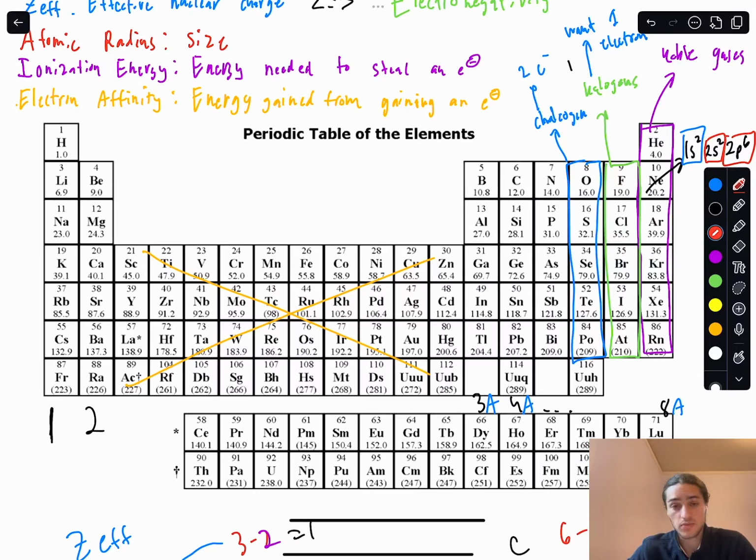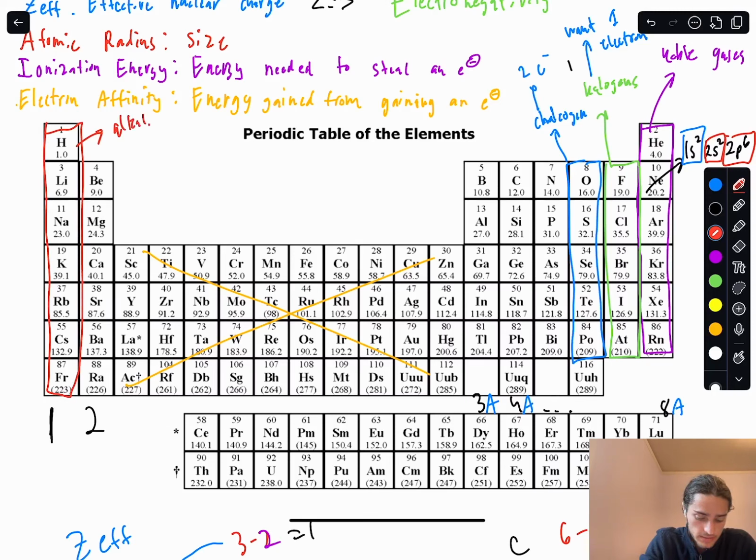And then if we look to the right of the noble gases, you have to wrap around the periodic table. For example, looking at this group, this is our alkali metals. And then the next group is the alkali earth metals.